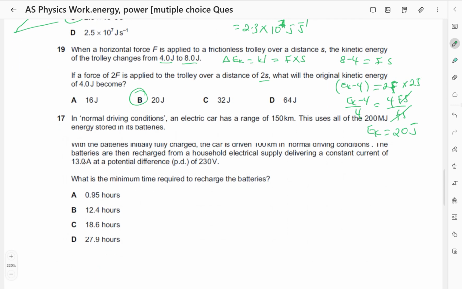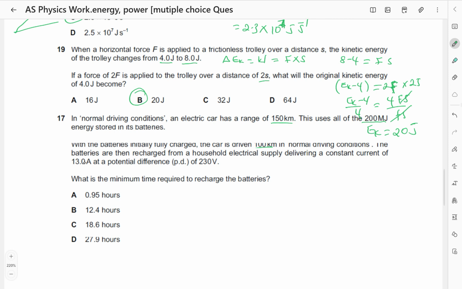In normal driving conditions, an electric car has a range of 150 kilometers. This uses all of the 200 megajoules of energy stored in its batteries. When the batteries are initially fully charged, the car is driven 100 kilometers in normal driving conditions. So how much energy is this?